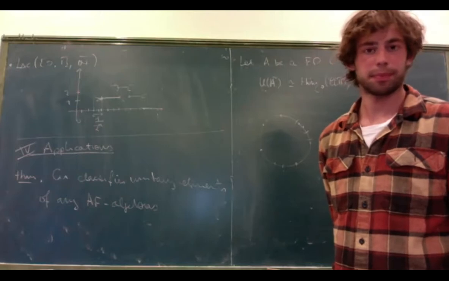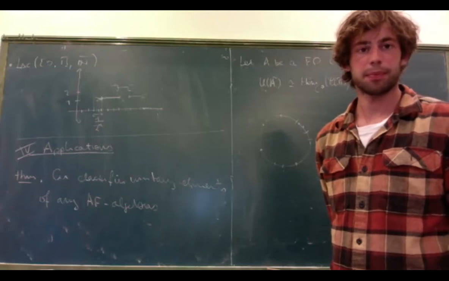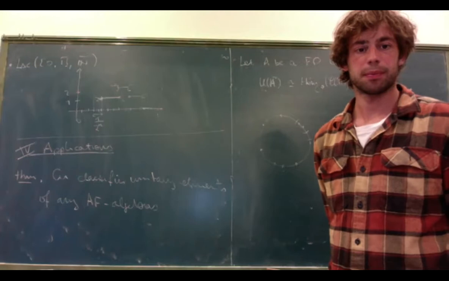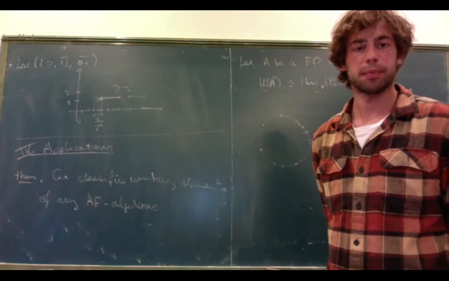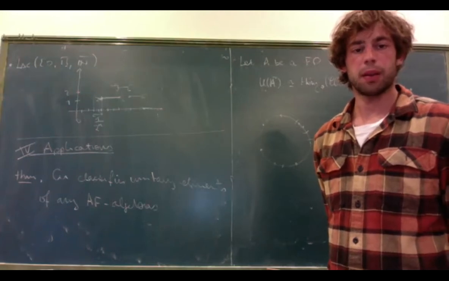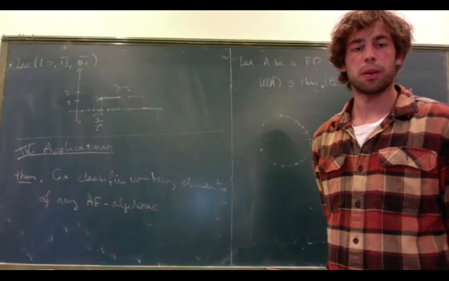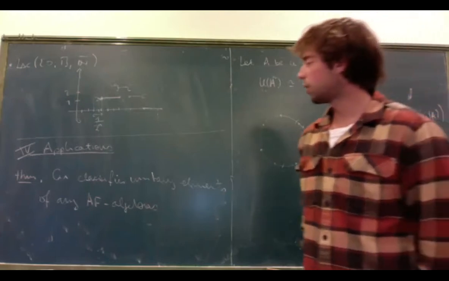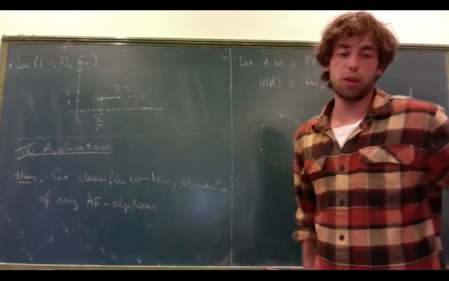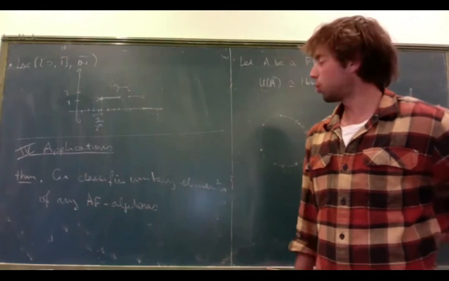Is the last theorem that you mentioned the most general version of your theorem? Namely, can you extend from AF algebras to, maybe, AT or AI algebras? It's actually a good question.